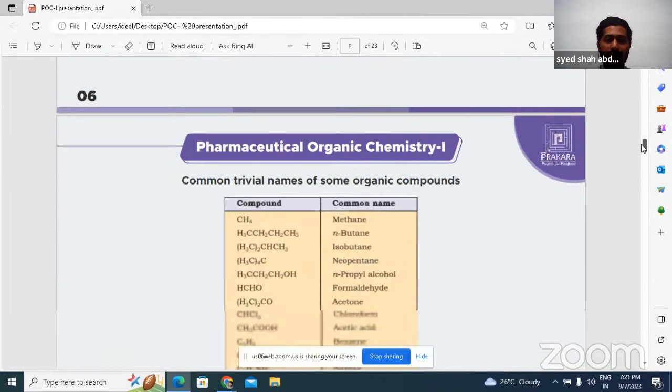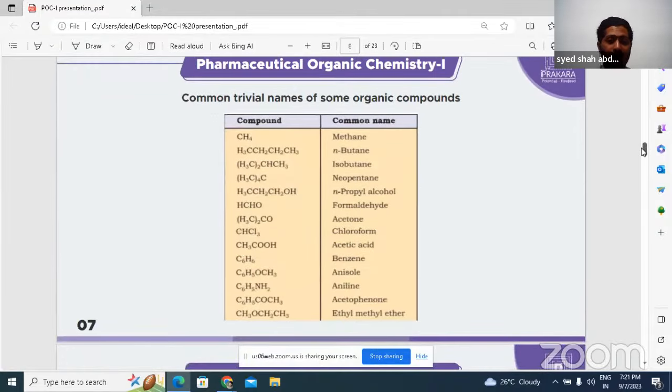Now coming to common or trivial names. In organic compounds, there are certain names given which do not follow any IUPAC rules. They are simply given certain names. So those are common names that are not IUPAC names.